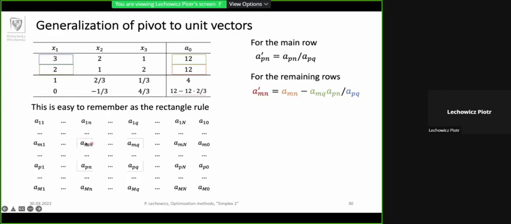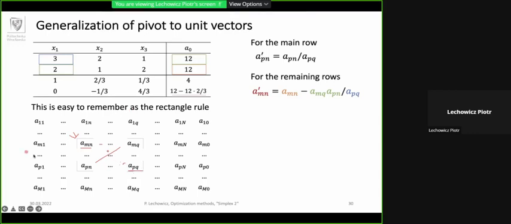It corresponds to this value subtracted by the multiplication of the values in the opposite corners of this rectangle, divided by the value for which we are making a pivot. So the new value in this element is equal to this, subtracted by this multiplied by this, and divided by this element for which we are making a pivot.